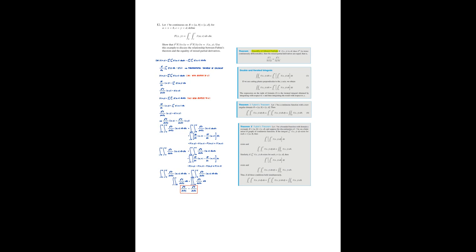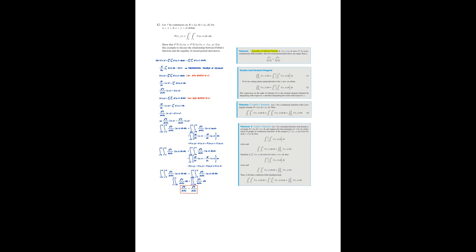I did it once and used the fundamental theorem of calculus, and then I did it again, and I was basically given f of x and y. Then I did it again the opposite way, where the double integral starts with a to x and then c to y, and I differentiated with respect to x. I did the same steps again, using the fundamental theorem of calculus, and I also got f of x and y, and so that was one way that was proven.